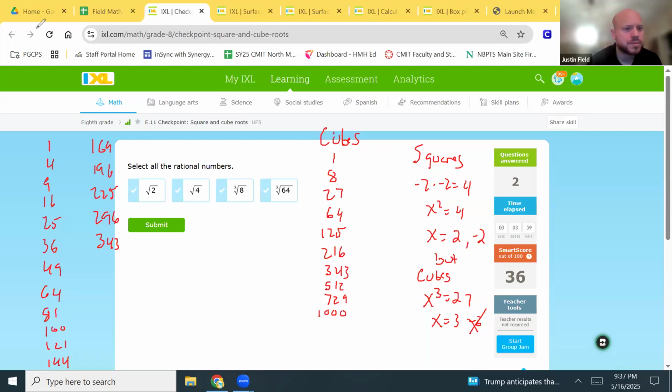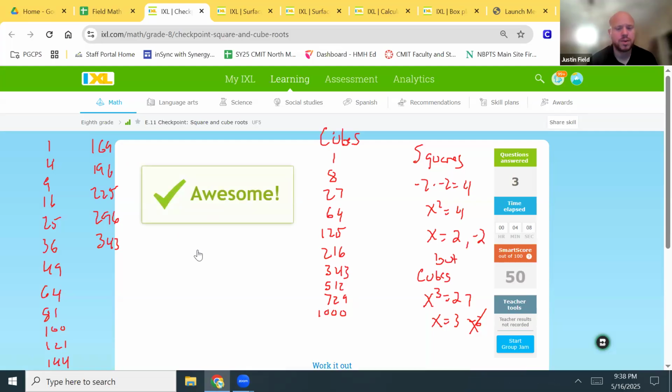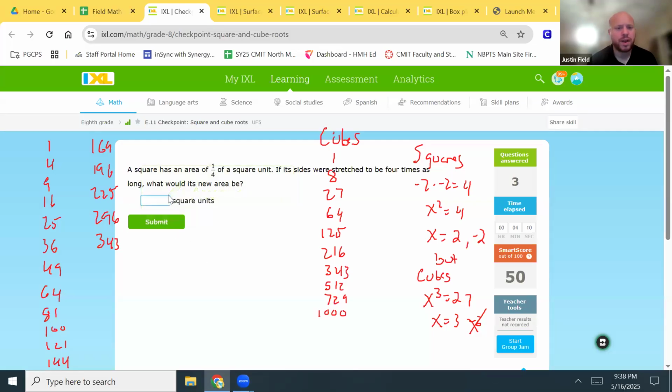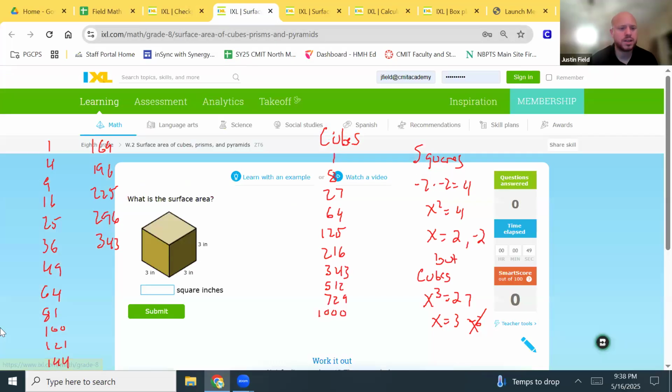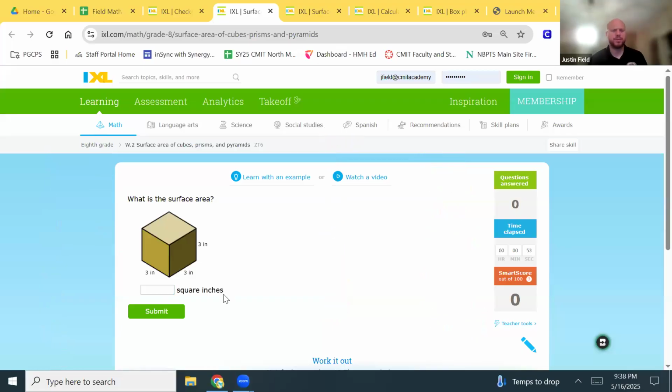So the rational numbers, that's 2, that's 2 as well, and that's 4. All right, so go ahead, you do that one. So that's a little bit of the squares and cubes. Should be fun for you.